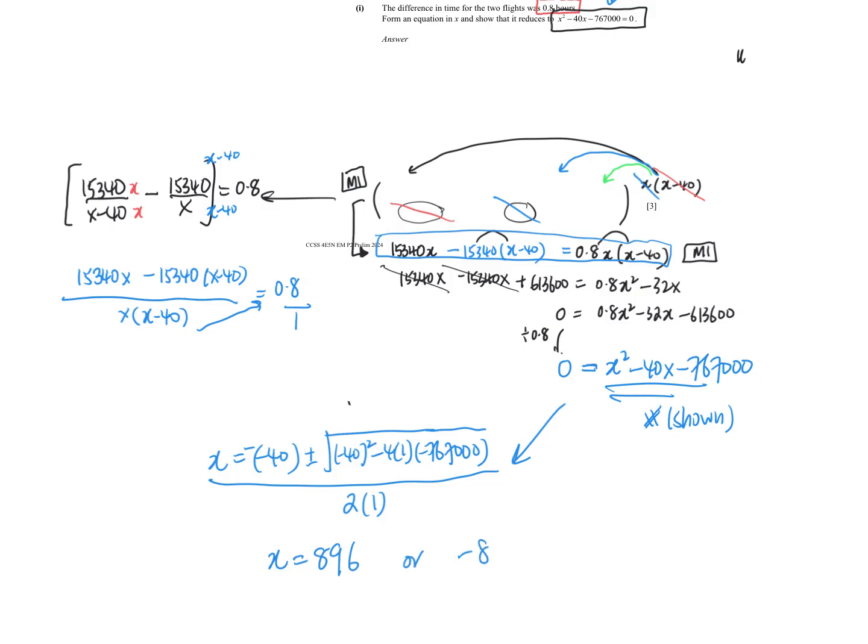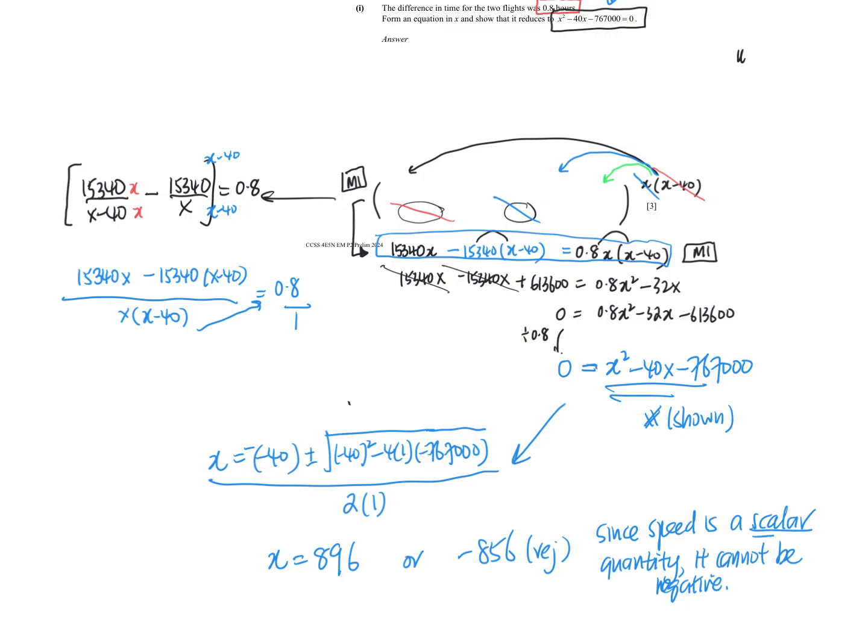Then the other one is this. So this one you will reject. Okay, since speed is a scalar quantity, it cannot be negative. Or you just tell me speed cannot be negative. That's why you reject the negative one, also okay.